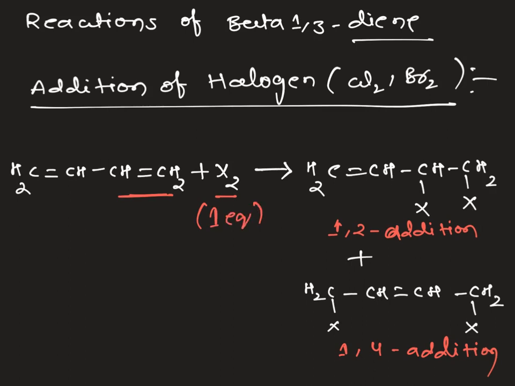If I use a low temperature and a non-polar solvent, the 1,2 addition product will always come as the major product.